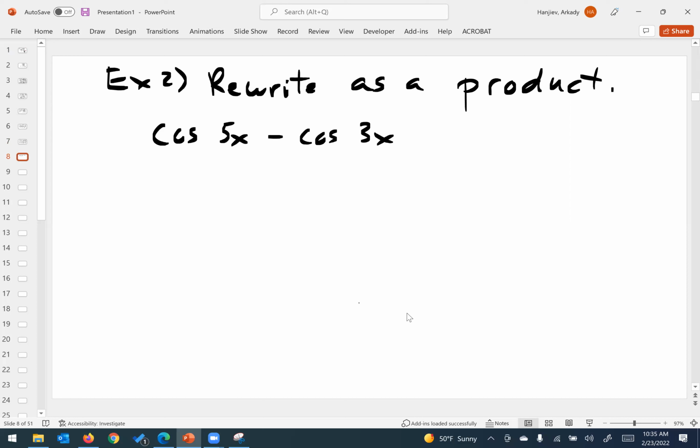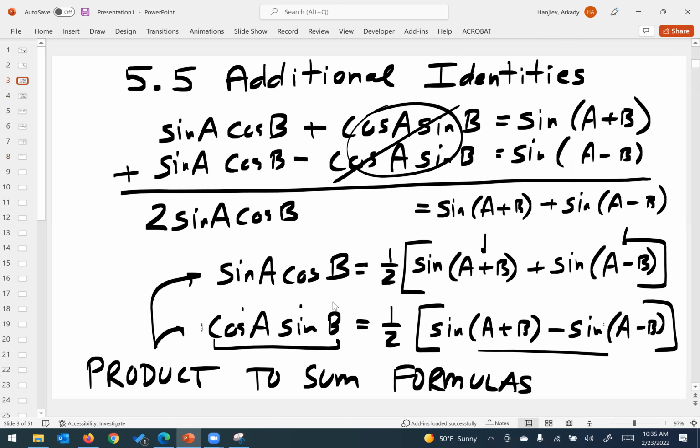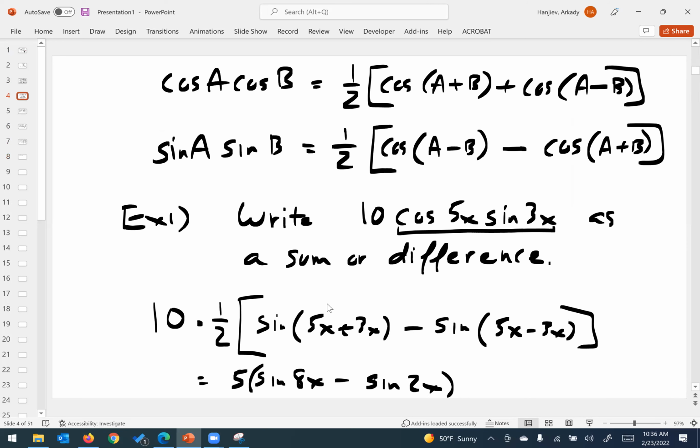Cosine of 5x minus cosine of 3x. So are we supposed to use the formulas now with alpha and beta? Notice on the first one that we did, there was a product.